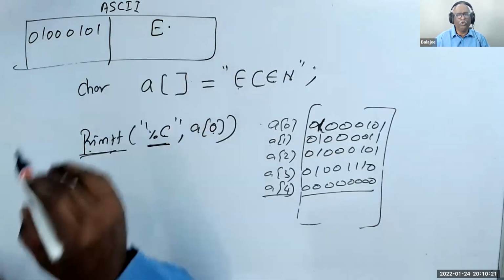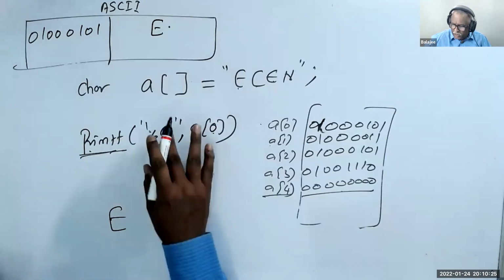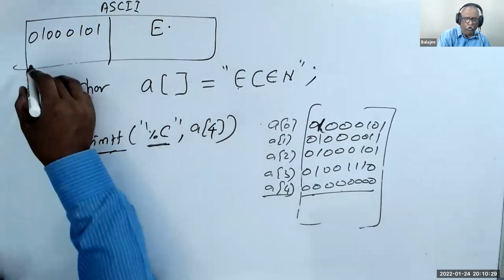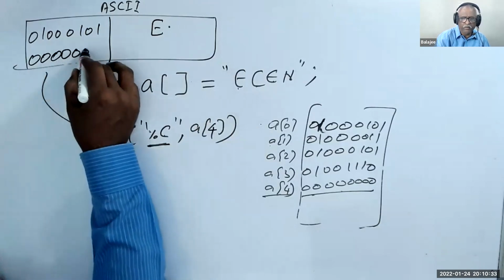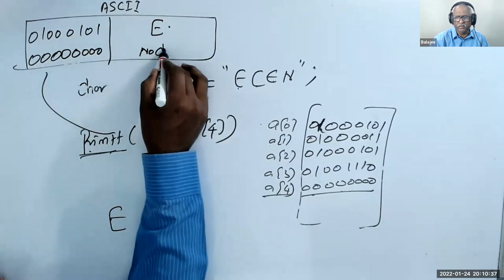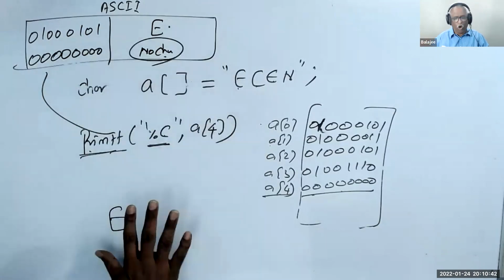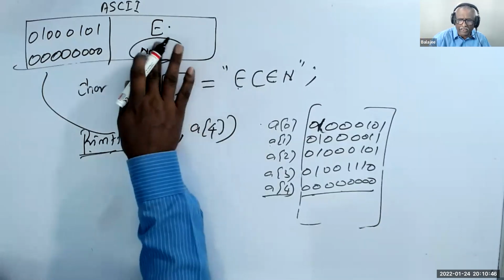It is E. So you get E on the screen. That is fine. But A of 4 is 0, so this goes and refers to the ASCII table. The problem here is there are no characters for 0 in the ASCII table, so on the screen you will get blank. This is called the null character.